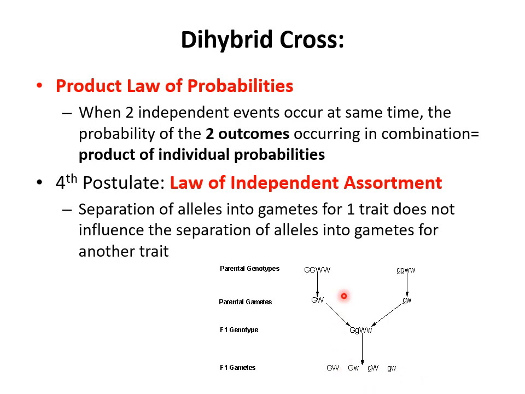So when you look at these parental genotypes making their gametes, the dominant alleles for each trait do not have to stay together when going into the gametes. It's independent assortment. All of the alleles for the different traits are able to assort separately into their final gametes.